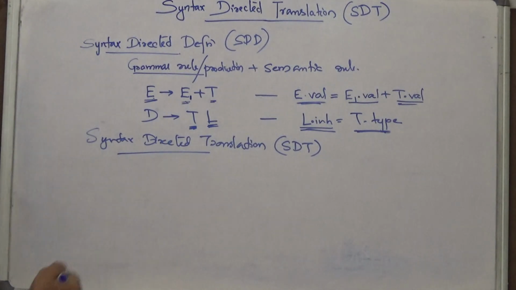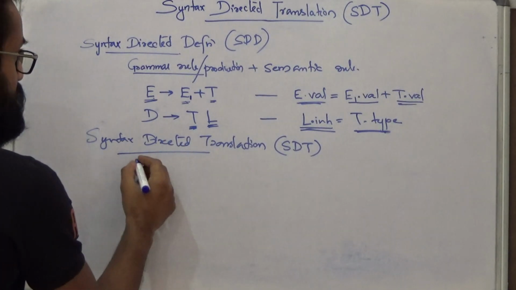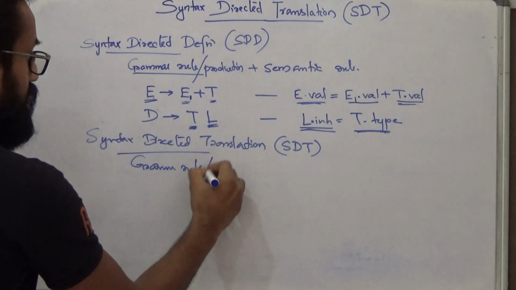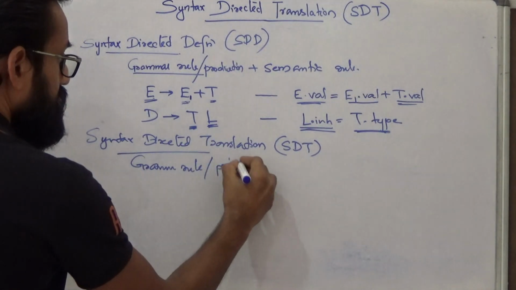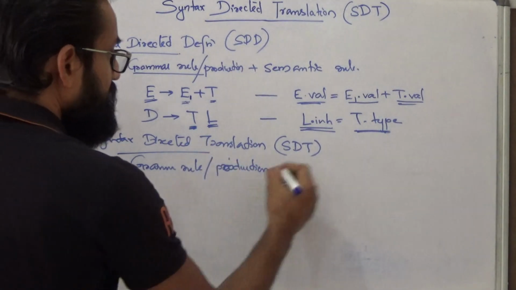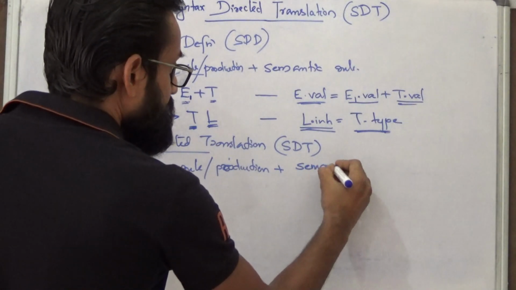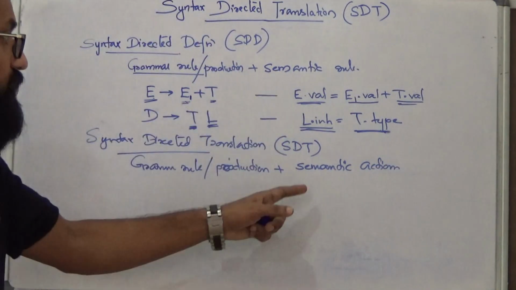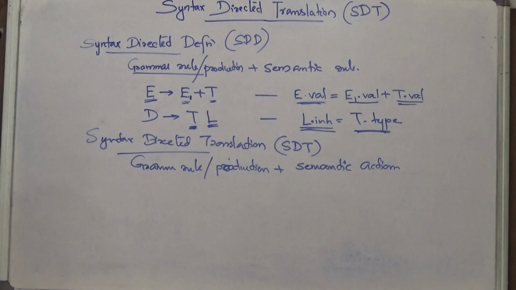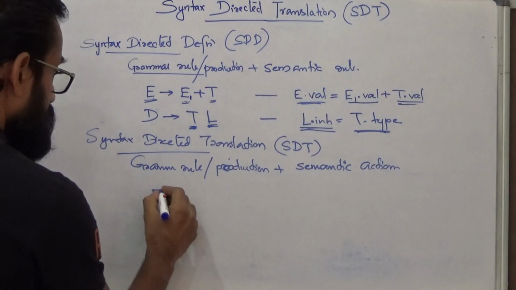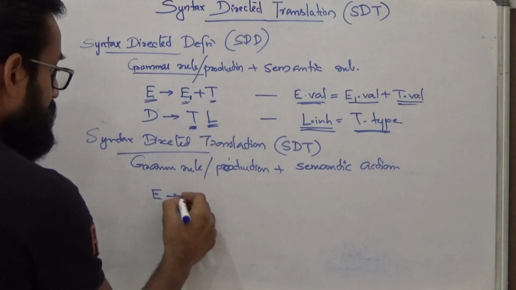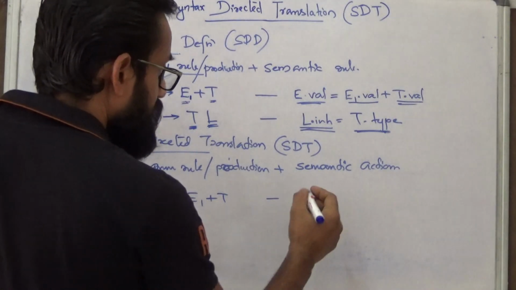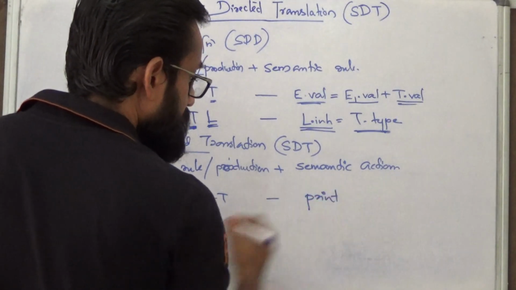Syntax directed translation is a combination of grammar rule or production along with some semantic action. So here you are using a semantic rule and there you have a semantic action. Let us consider this particular example, E giving E1 plus T. Let the action to be performed be a print statement.